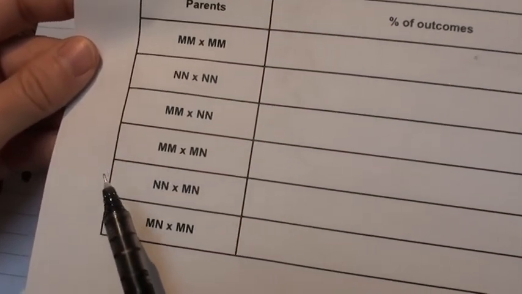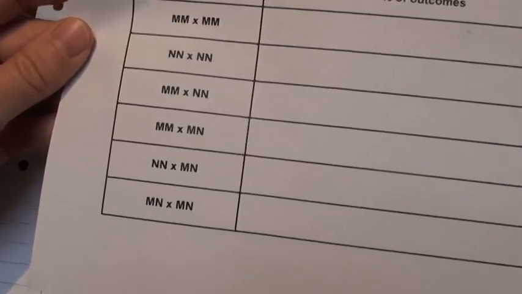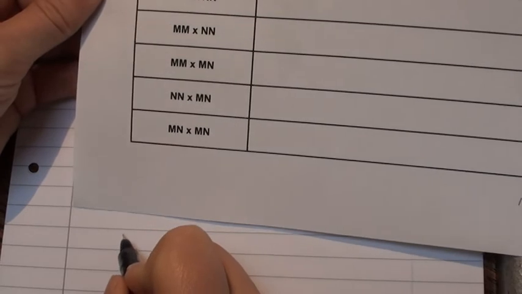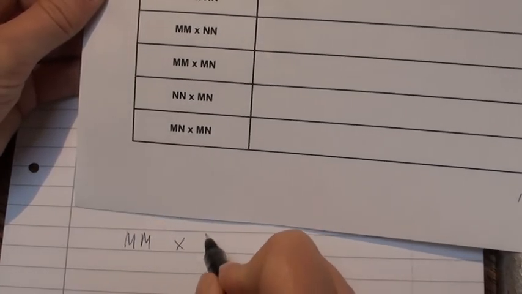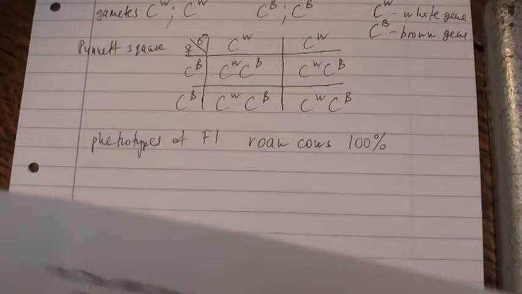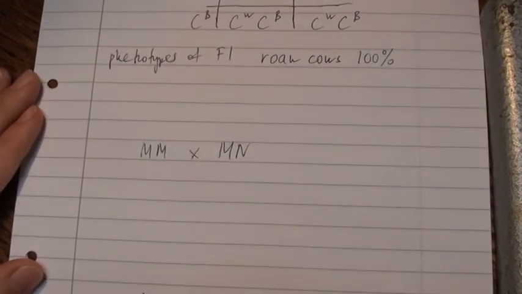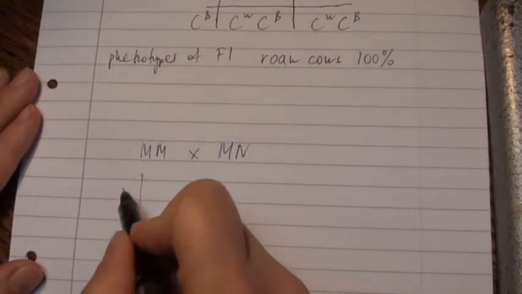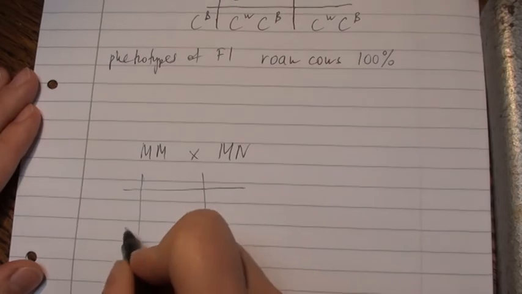Let's pick, I don't know, let's say this one. So I've got a parent with genotype MM, and I'm crossing this parent with a second person who's M and N. And my job is very simple: do a quick Punnett square and figure out what the possible outcomes are going to be.